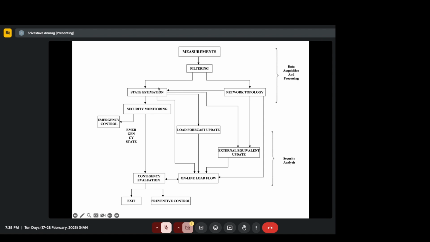So we do solve the state estimation, but it is a rough analysis, and we do not do the contingency evaluation. Why? Because outage of one segment in distribution system is going to impact the rest of the system less. It is not a mesh network.